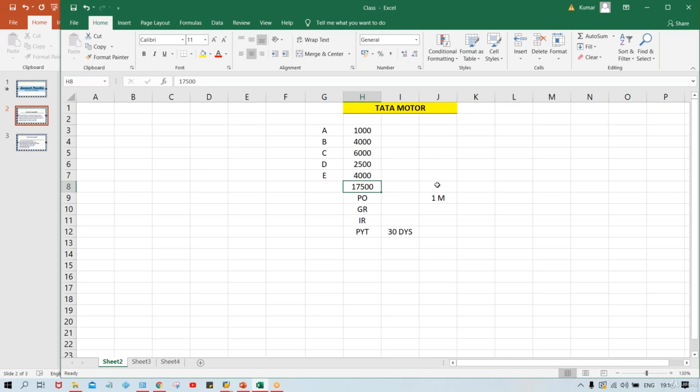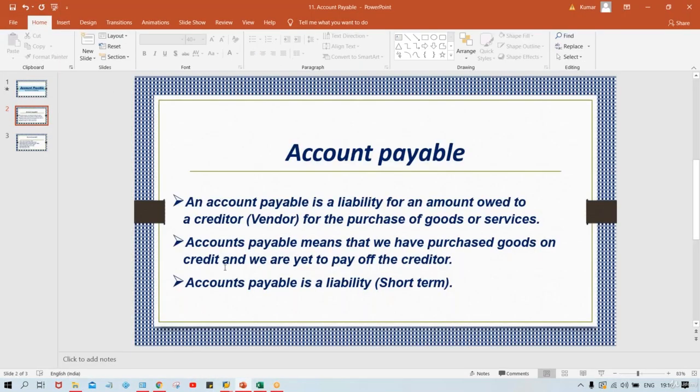It means this much worth of payment we are supposed to make to the vendor in future. So this is called accounts payable, right? That is what I have specified here. Accounts payable means that we have purchased goods from the vendor on credit.